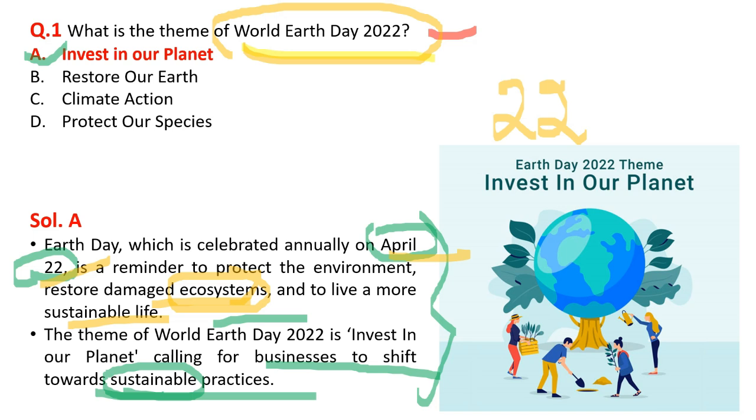So that is the reason many people promoted save soil. This year on World Earth Day even a lot of colleges also celebrated this day. Okay, so hope you have understood the meaning of this.